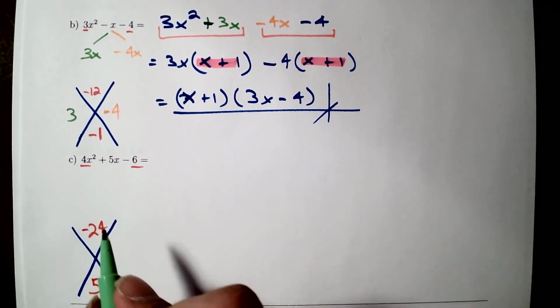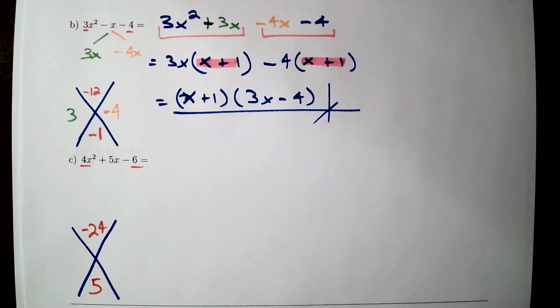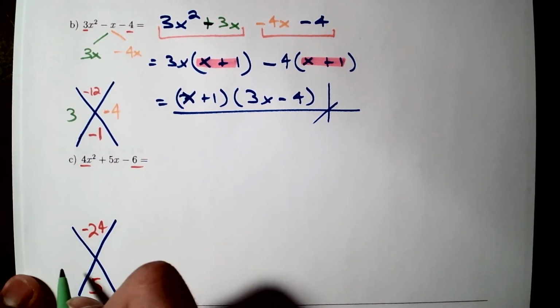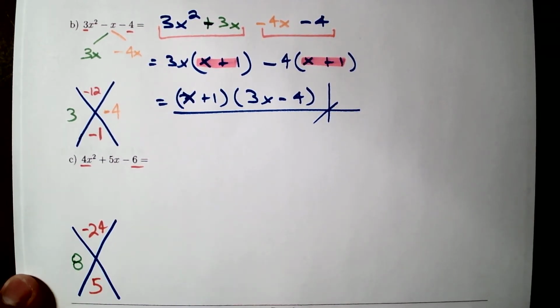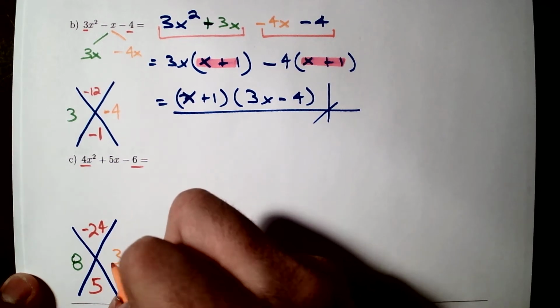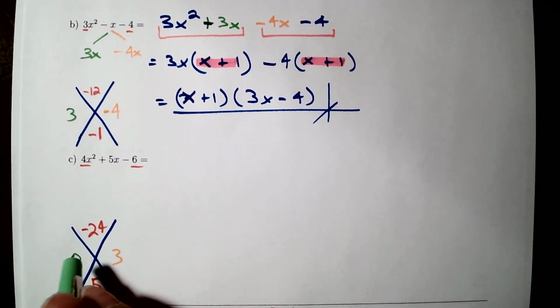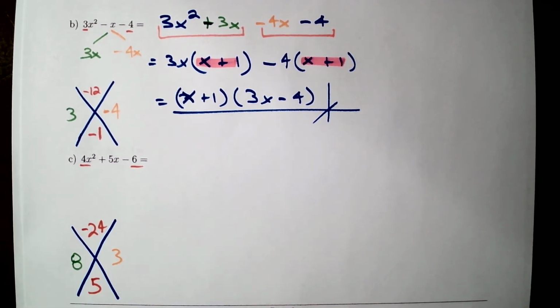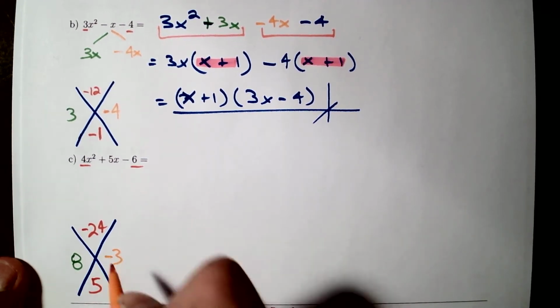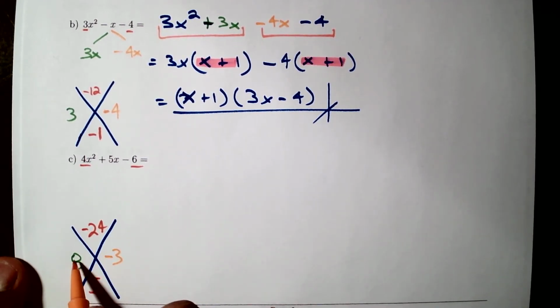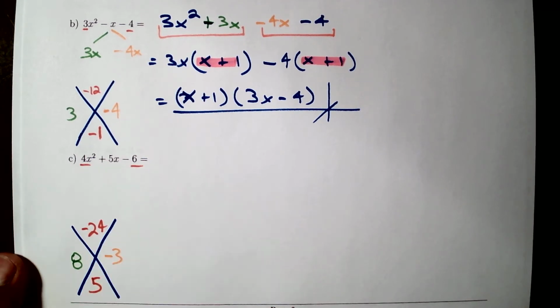All right. So in this case, I can think of the number 8 and the number 3. Of course, keep in mind that there's many different ways to factor the number 24, but we need to find a suitable one that gives us a 5. Also, I need a negative number somewhere. So 8 times negative 3 equals negative 24.